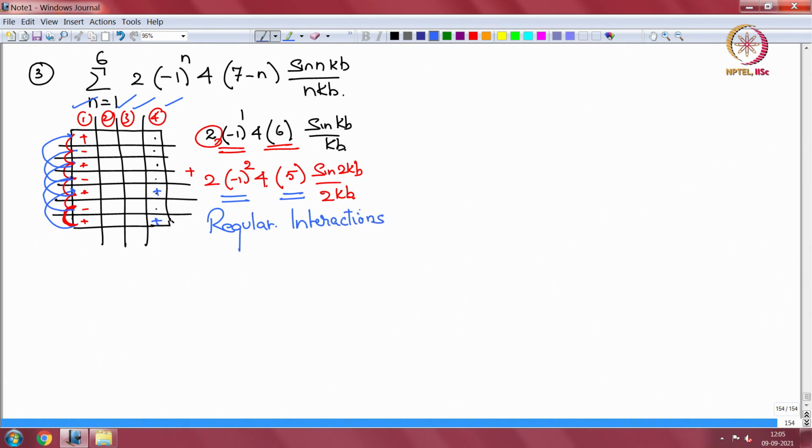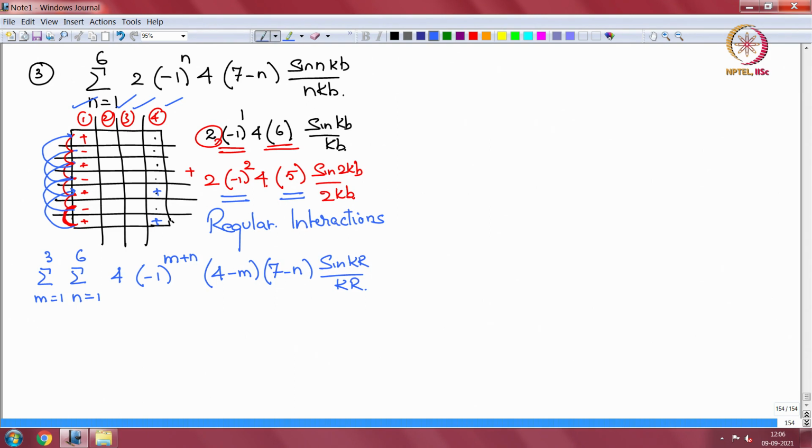The last term you have is a summation m equal to 1 to m1 minus 1, which is 3, summation n equal to 1 to n1 minus 1, which is 6, 4 times minus 1 to the power m plus n, into m1 minus m, into n1 minus n, then sine kr by kr.